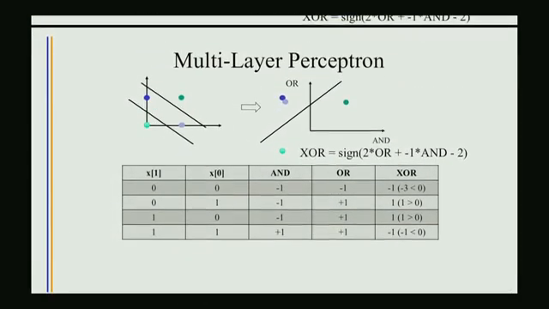Okay, and the idea with a multi-layer perceptron is, like in the previous slide, I'm just arraying these together where the output of one layer is fed into the input of another layer. Okay?